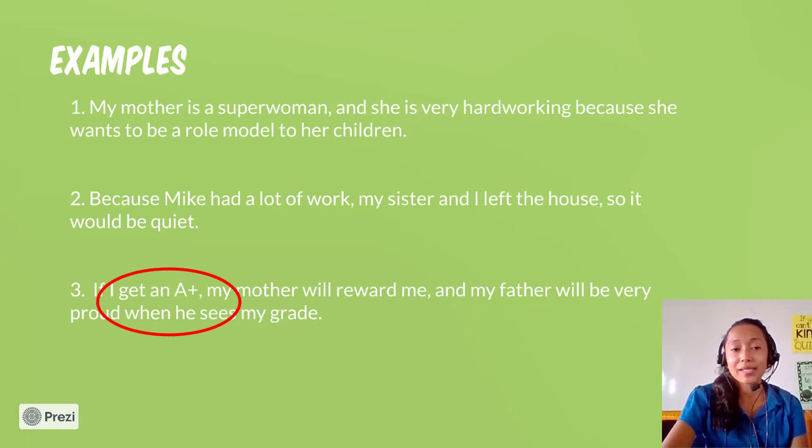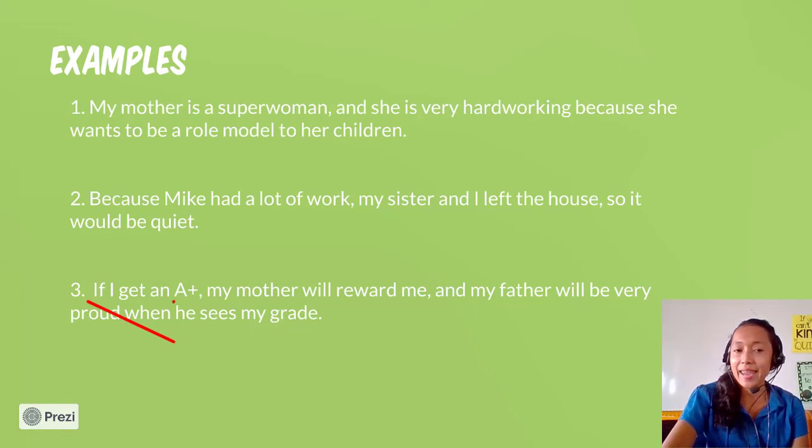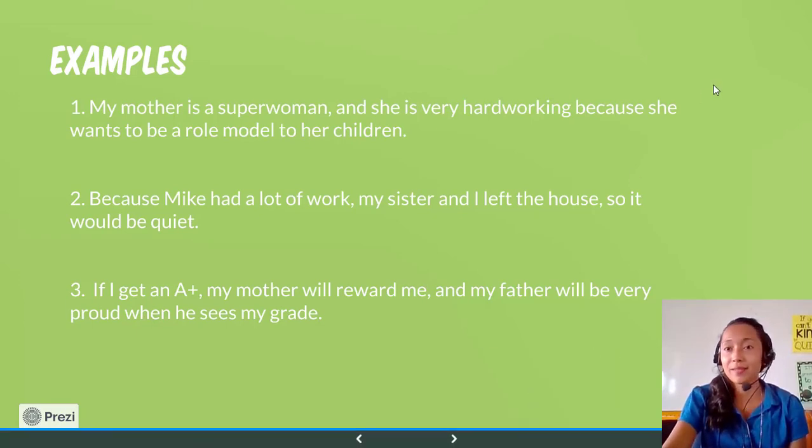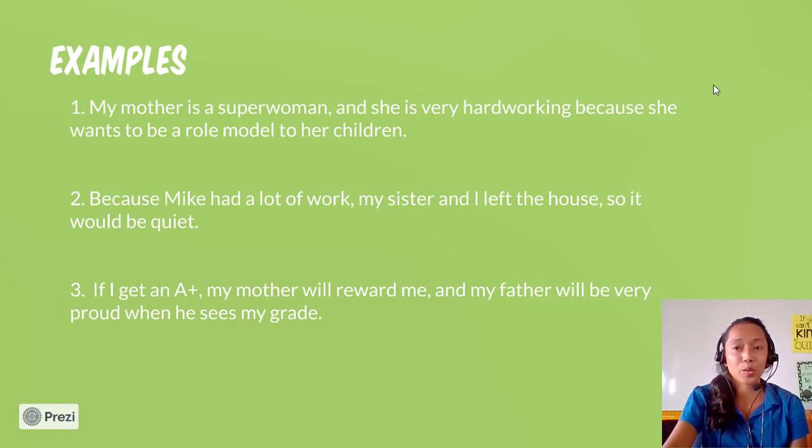And because it starts a sentence, it does need a comma. But the other dependent clause is at the end of the sentence, so that does not need a comma, as we mentioned, right? So that is all for punctuation and examples for compound complex sentences.